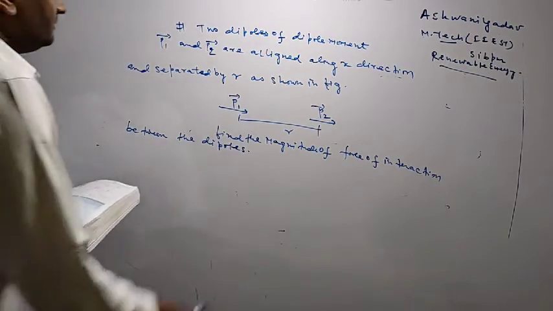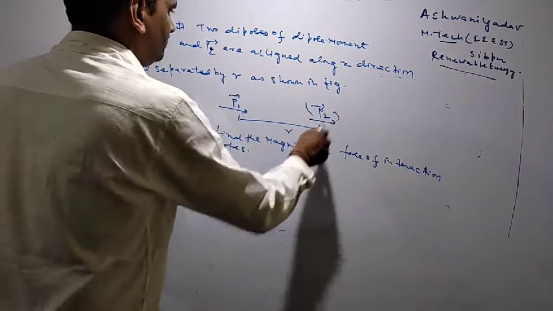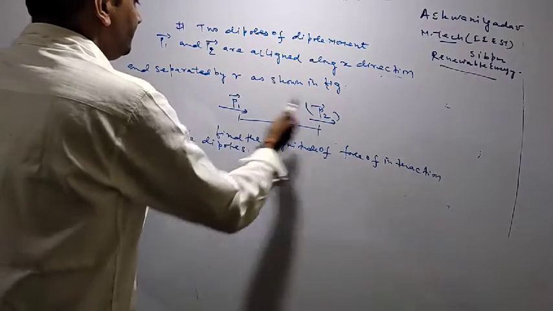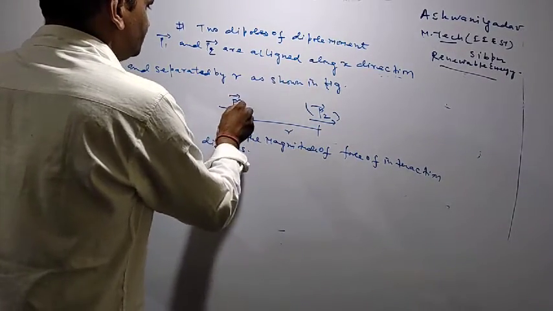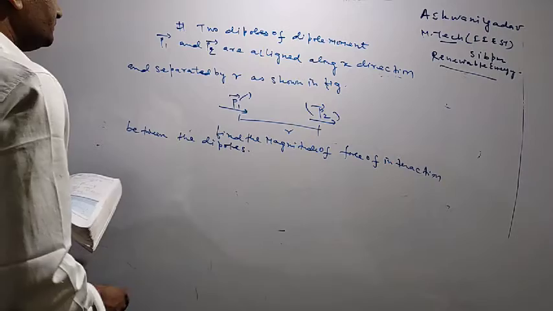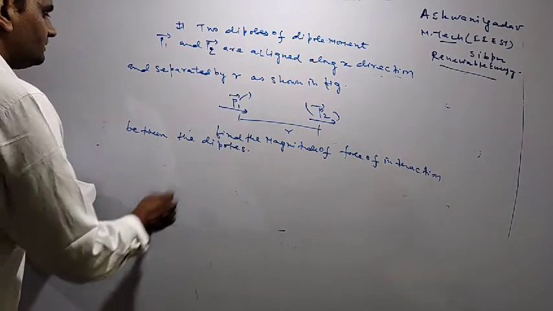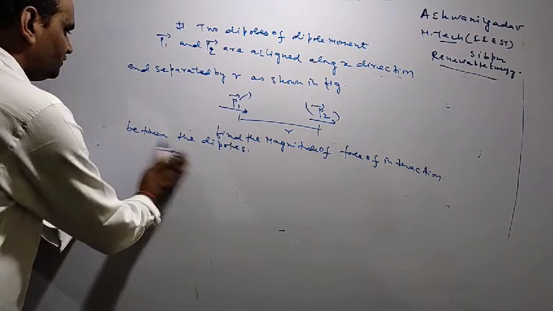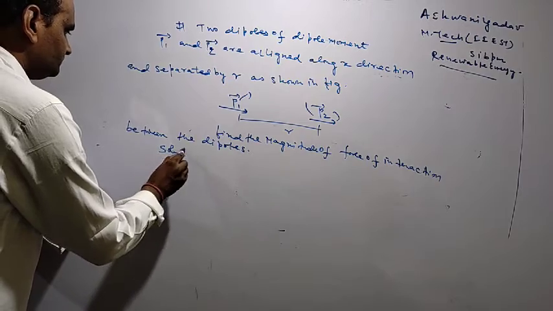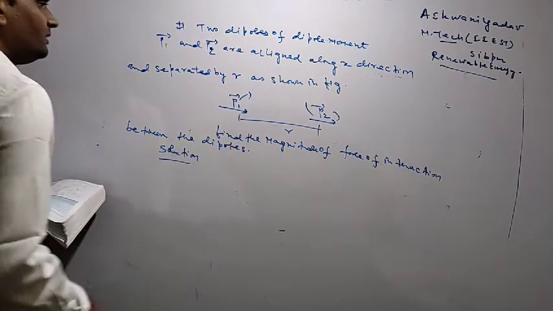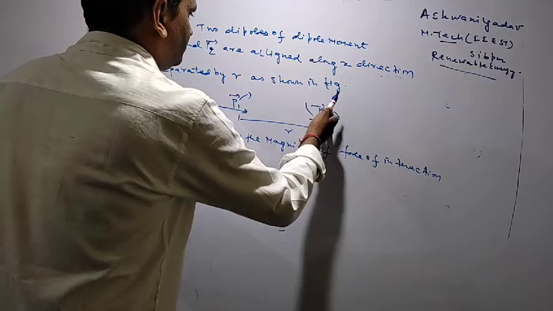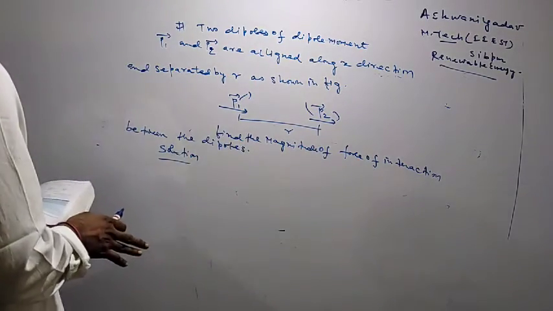So you consider this dipole and it is under the varying electric field produced by this dipole. So we can solve it. This force is nothing but we have to calculate.